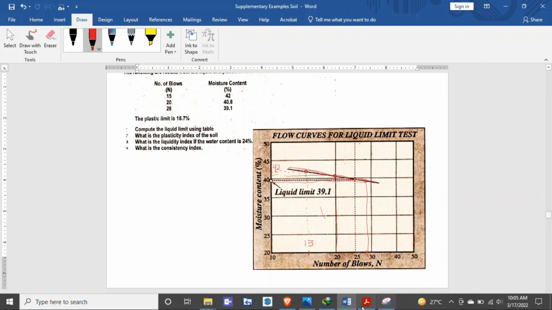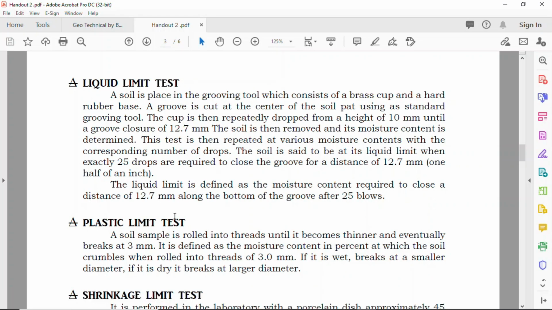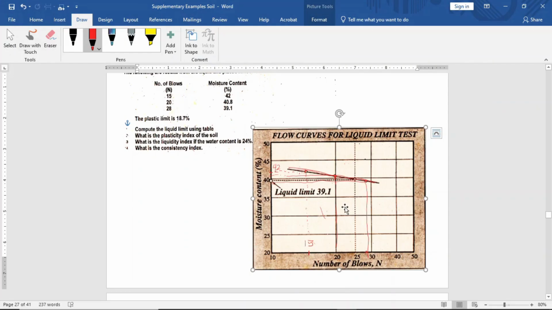Let's go back to our definition. The liquid limit is defined as the moisture content required to close a distance of 12.7 mm along the bottom of the groove after 25 blows. So that is after 25 blows. Let's find the corresponding value in our table. Here is our 25 blows.